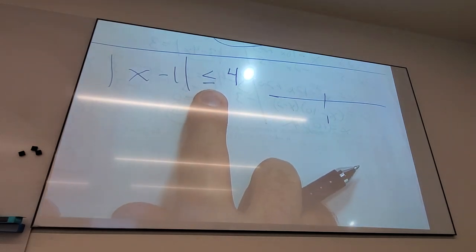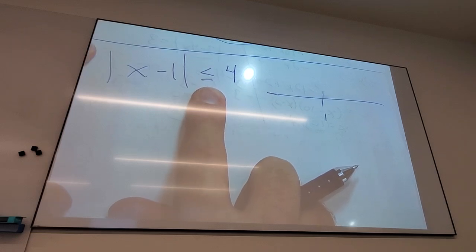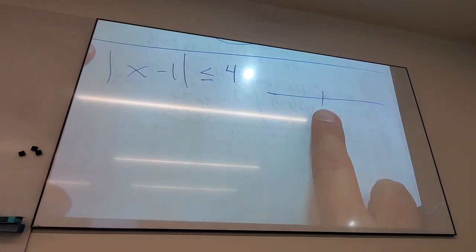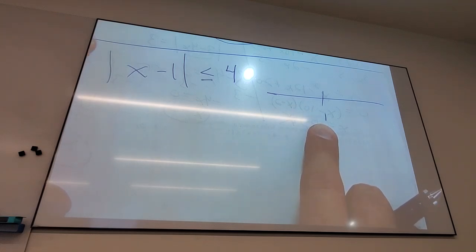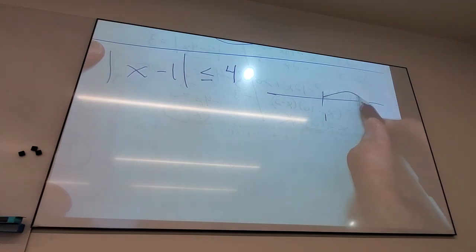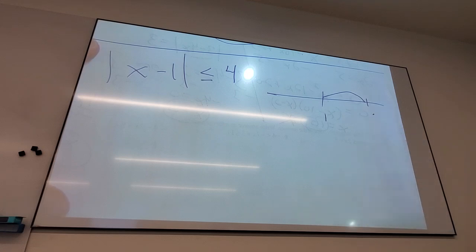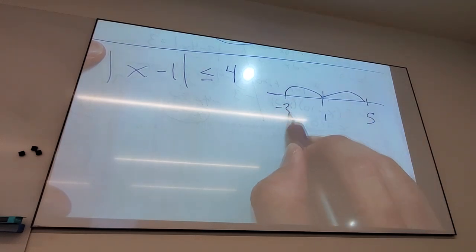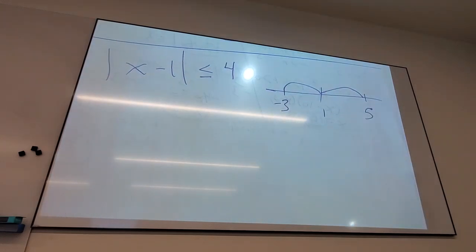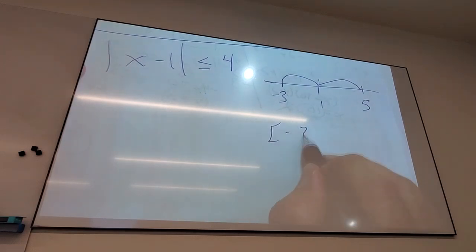Just so my language is a little bit more direct. I can get at most 4 steps away from 1. So how far up can I go? 5. How far down can I go? Negative 3. You guys with me? So what's the answer here? Negative 3 to 5.